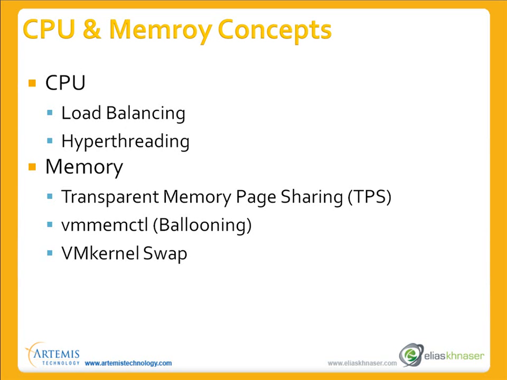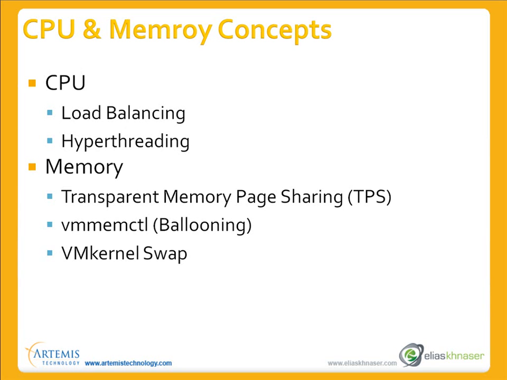Then we're going to move on to memory and take a look at some of the concepts and some of the tricks and tweaks that the VM kernel uses in order to make sure that it has the memory it needs and that it's not running out of memory. And obviously all of these come into play when the resources are scarce and the VM kernel needs to shuffle things around in order to make sure that the necessary resources are available for the requested virtual machines.